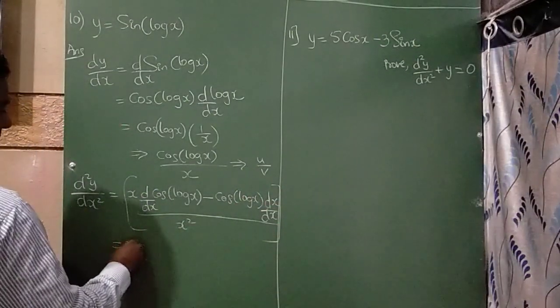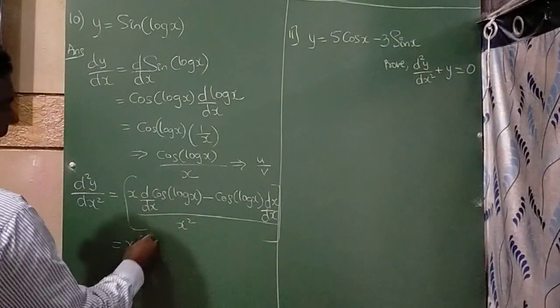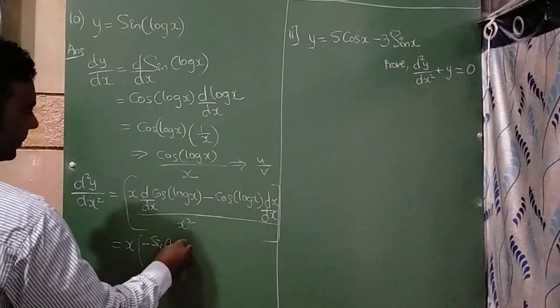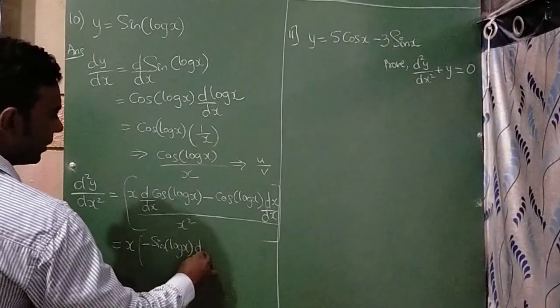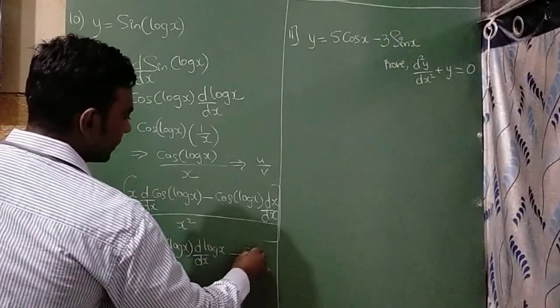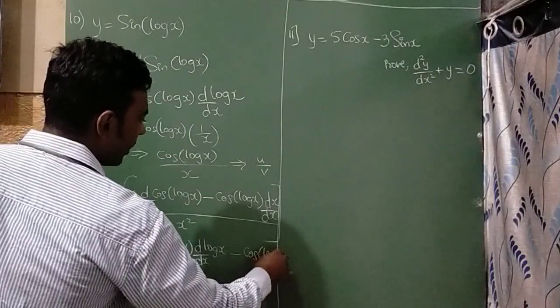Okay, so x d by dx of cos is minus sine log x, again by chain rule d by dx of log x, minus cos log x.